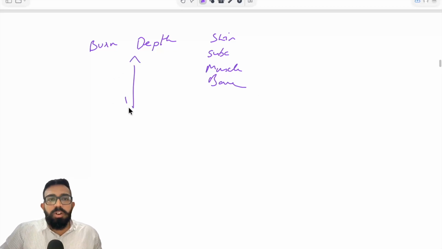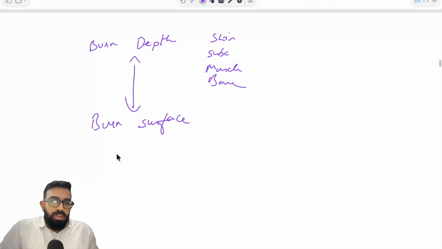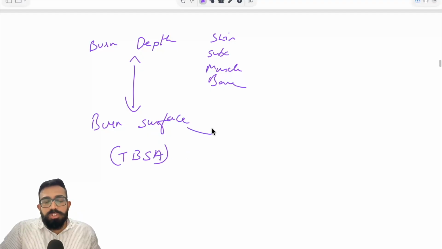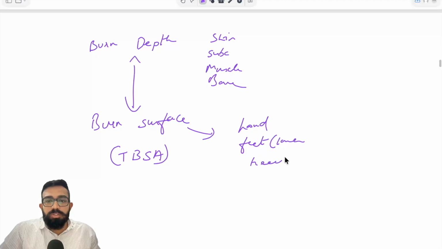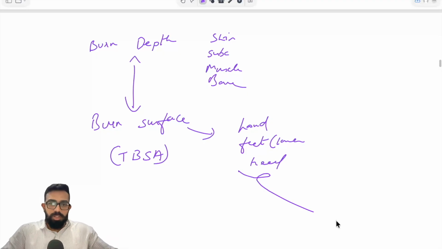There is also something called burn surface, which means how wide is the burn, or what we call more officially total burn surface area, TBSA. How much of the body portion is burned? Hands are burned, hands and feet both are burned, hands and entire lower limb are burned, the head is burned, torso is burned. How much of the body is actually burned?